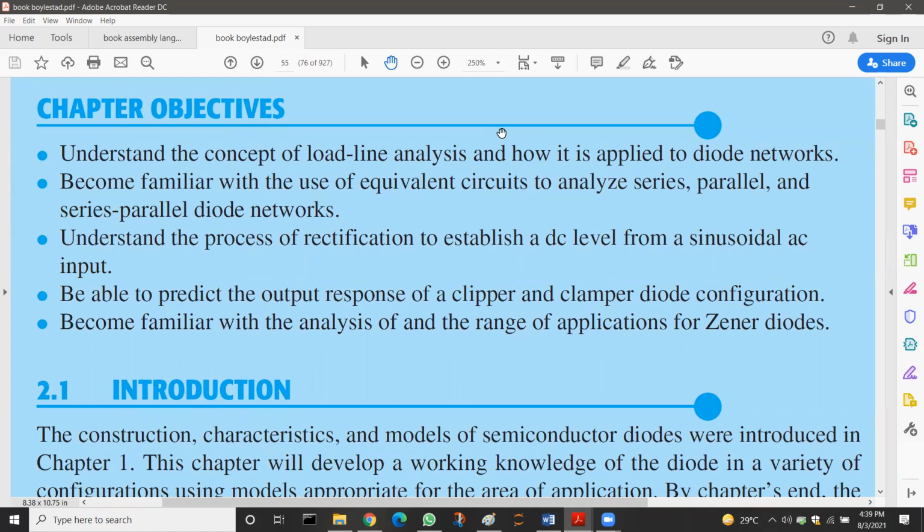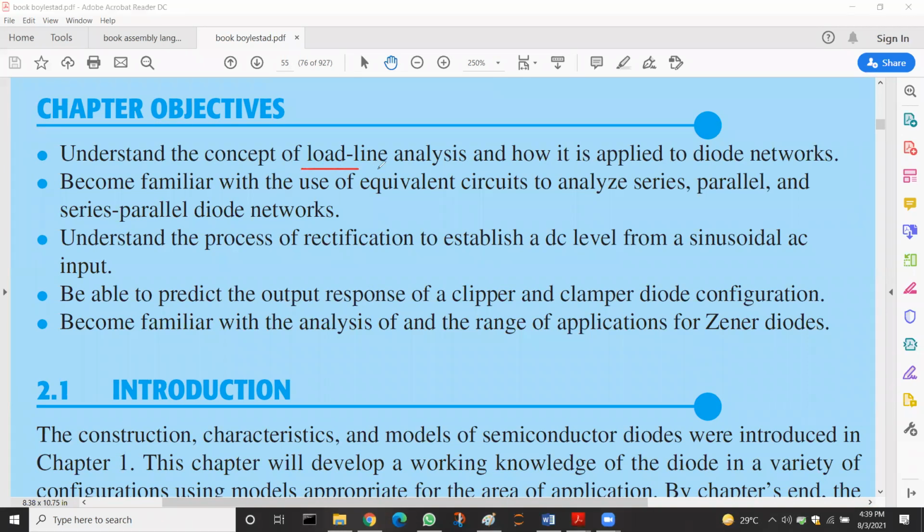So in chapter number 2, we need to understand an important concept of load line, which primarily takes us to what is called the operating point, also known as the quiescent point, for any diode which is working inside a circuit.